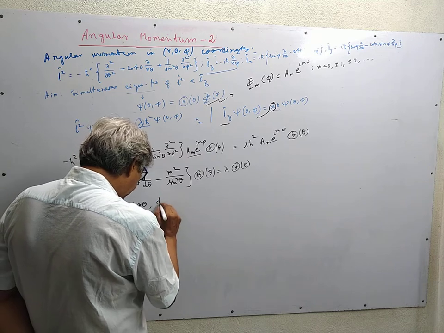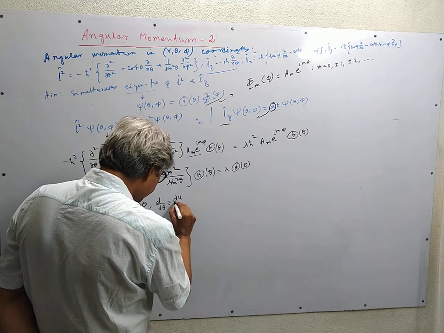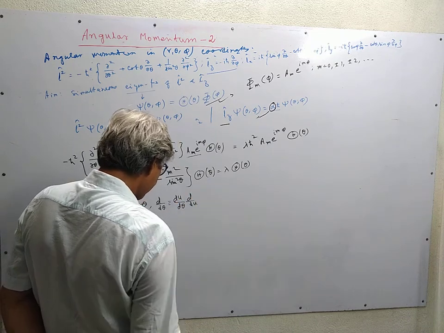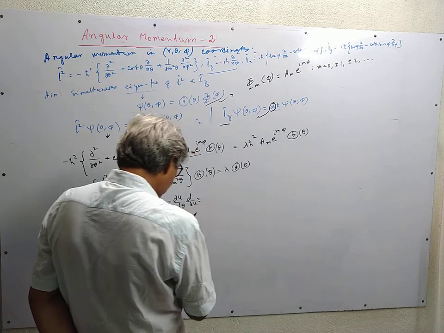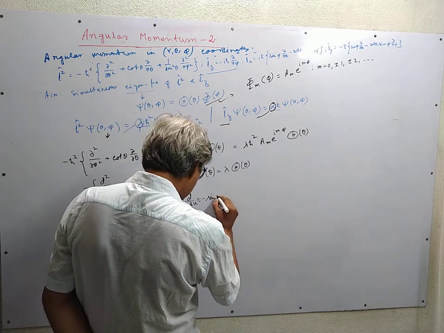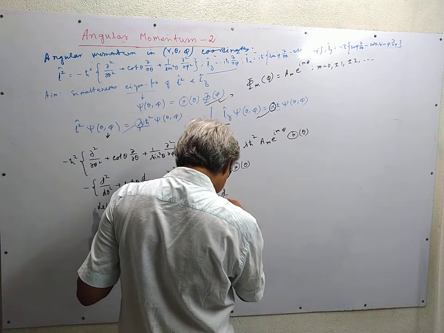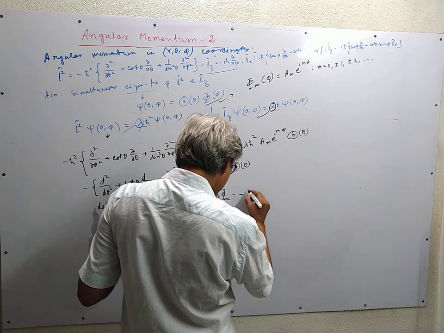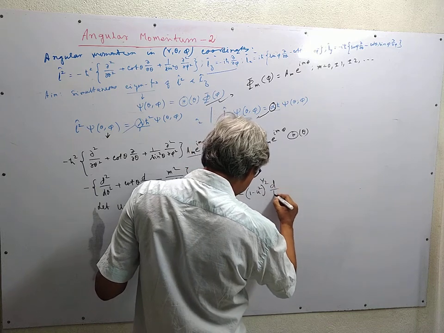Then d by d theta becomes, in terms of u, minus sin theta d by du, because u is this. In terms of u, this becomes minus 1 minus u squared to the power of half d by du.